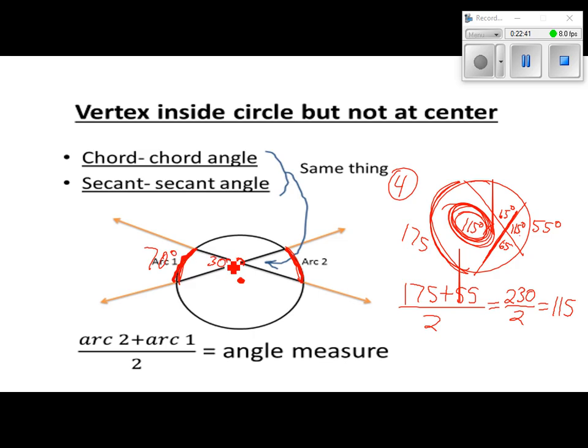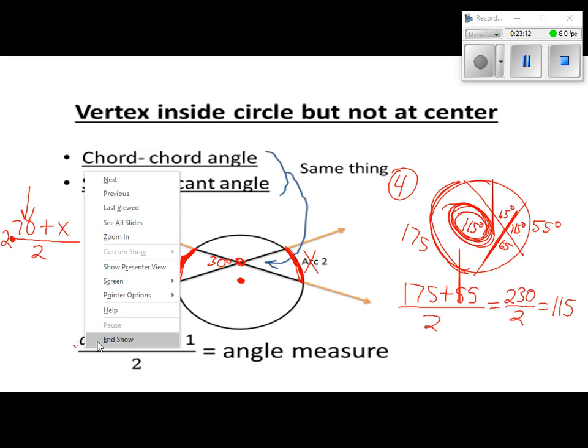Then you set up this formula: 70 plus, we don't know this arc out here, so that's our X. So 70 plus X divided by 2 equals 30. And then you would have to solve that. First thing you do is multiply both sides by 2, and then subtract off this number. Mine's not going to work because my answer comes out negative, because I didn't make up a very good problem.